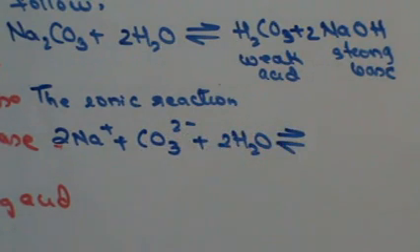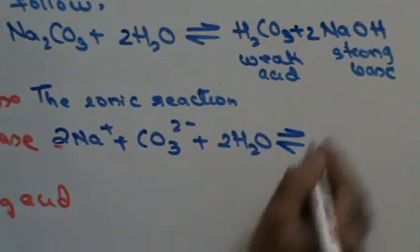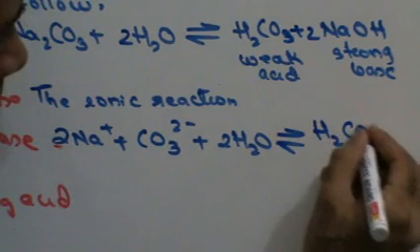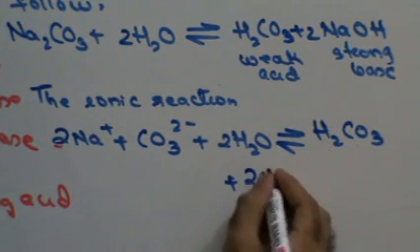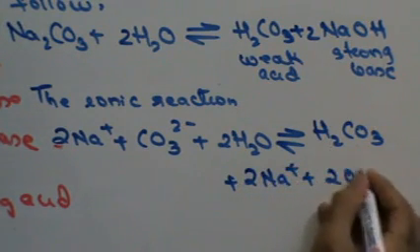Water, pure water dissociates to a very small extent and hence its dissociation can be considered constant. Weak acid will not dissociate, plus strong base will give you 2Na plus 2OH minus.